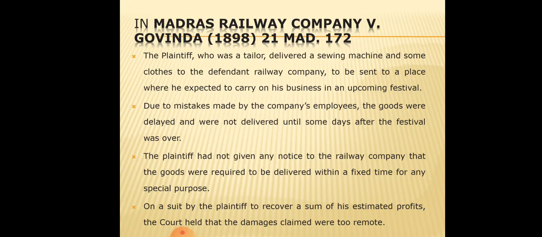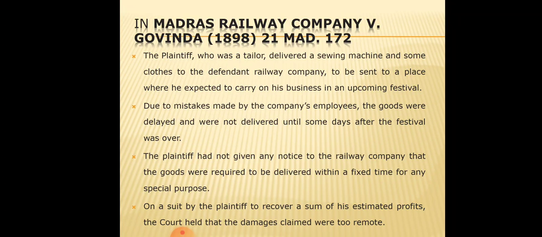Third, we will see Madras Railway Company versus Govinda. In this case, the plaintiff, who was a tailor, delivered a sewing machine and some clothes to the defendant railway company to be sent to a place where he expected to carry on his business in an upcoming festival. Due to mistakes made by the company's employees, the goods were delayed and were not delivered until some days after the festival was over.